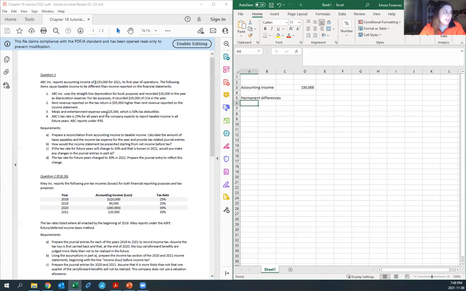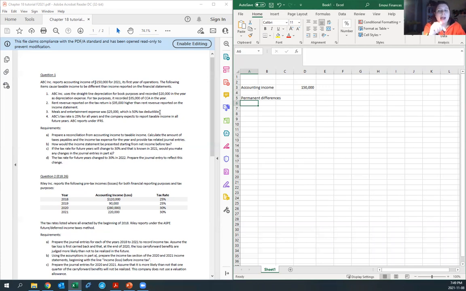Meals and entertainment expense is 50% tax deductible. So that's a permanent difference. That means that in your accounting income, you put the full 100% of meals and entertainment expense. But for your taxable income, you're only allowed 50%.